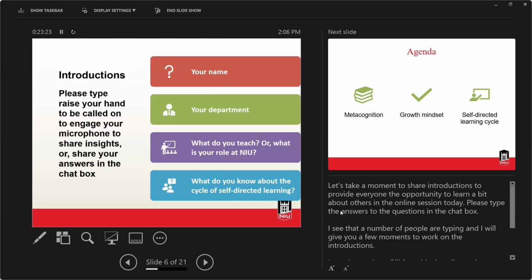And I don't know about the cycle of self-directed learning, but I have noticed a trend in our students, especially undergrad, to want to be told what to do versus finding their own way to learning something. So that's why I'm here. Okay, great. Thank you, Lynn. And we will talk about some techniques that you can build into your teaching to help move the students along with that. Great.